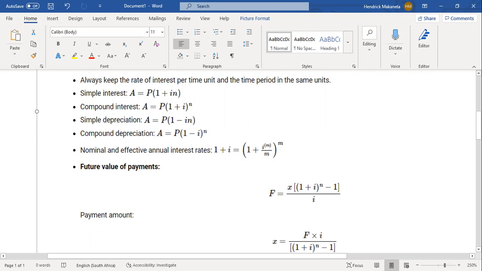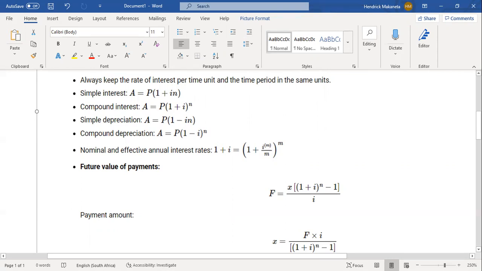Now, we also have the compound depreciation, which we have also looked at. Remember, we spoke about the straight line depreciation as well as the reducing balance depreciation. So another word for a simple depreciation is straight line depreciation. Whereas compound depreciation, we also call it the reducing balance depreciation.